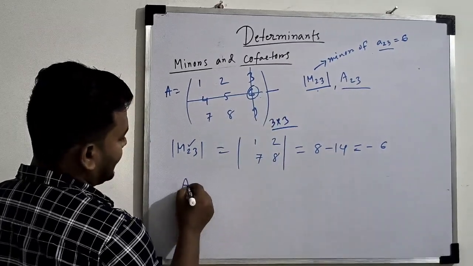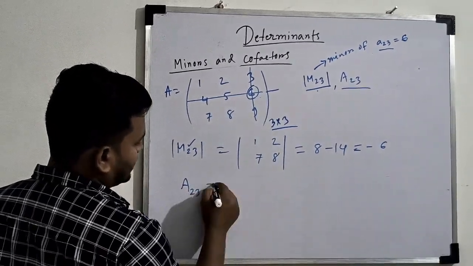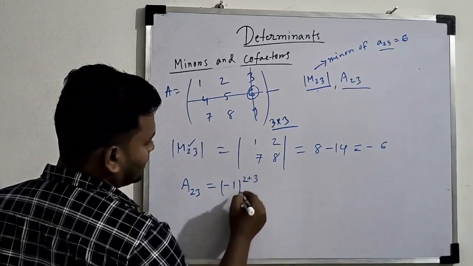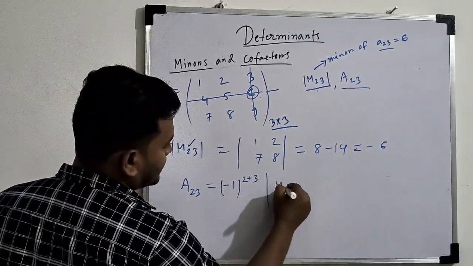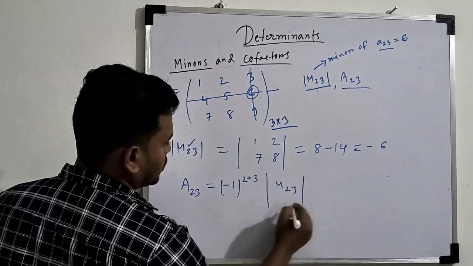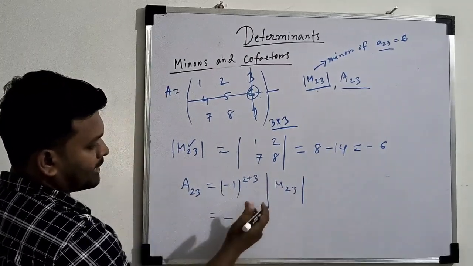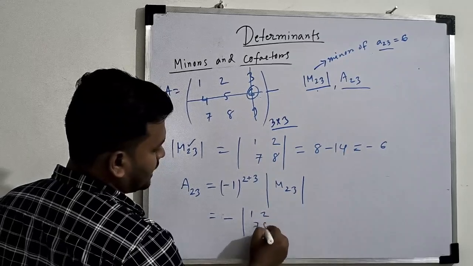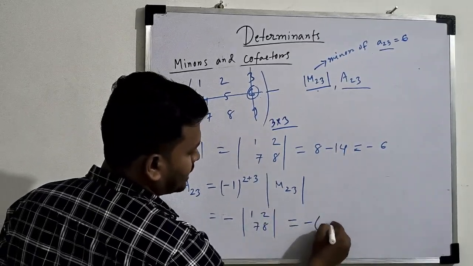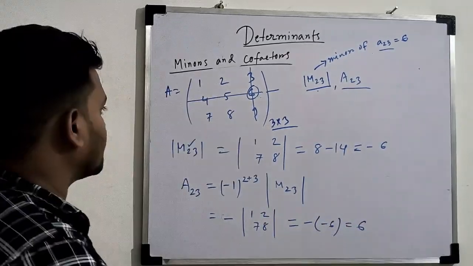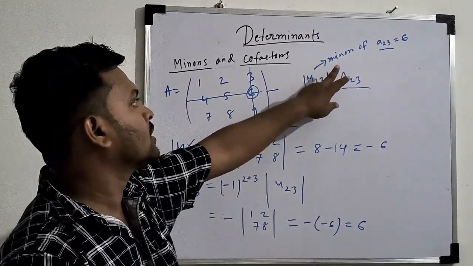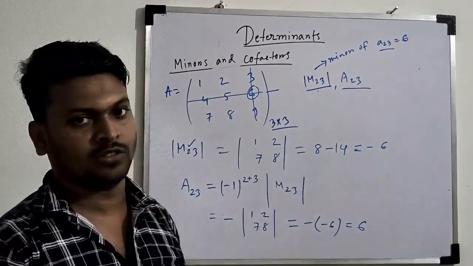And A23 will be minus 1 to the power 2 plus 3 into M23, that is minus 1 to the power 5, which is minus, and the determinant of 1 2 7 8 is minus 6, so minus of minus 6 is 6. So this is the way we find the minor of an element and also the cofactor.